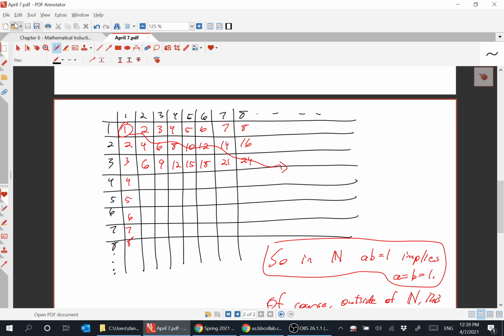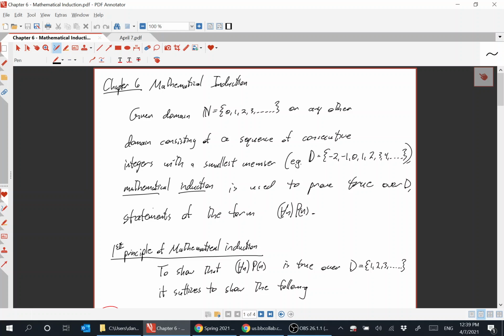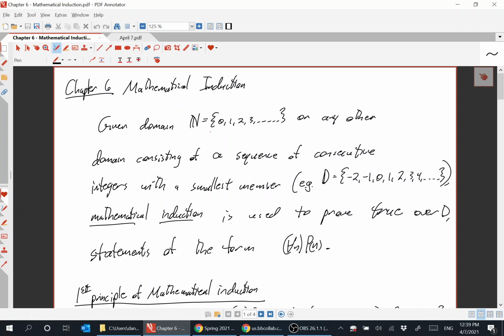Let's go back to the chapter on induction. Again, given a domain of integers, consecutive integers, with a smallest member, so with a starting point.